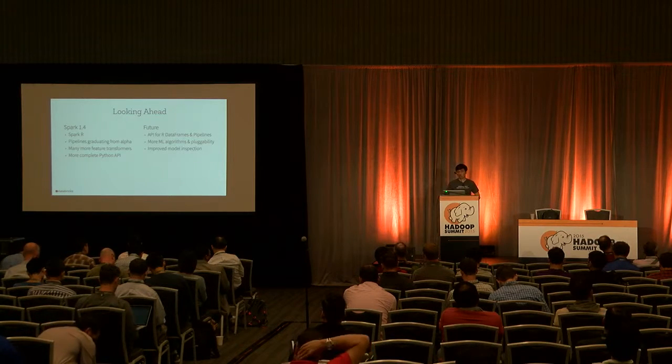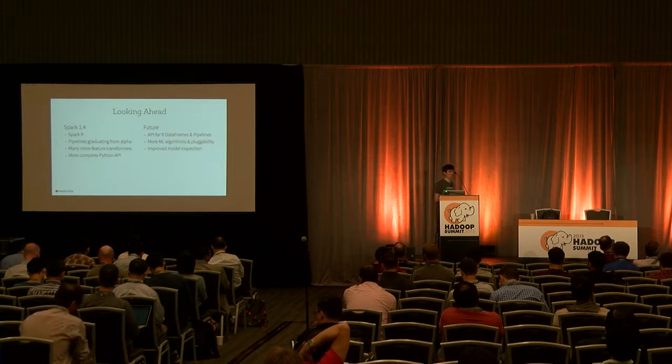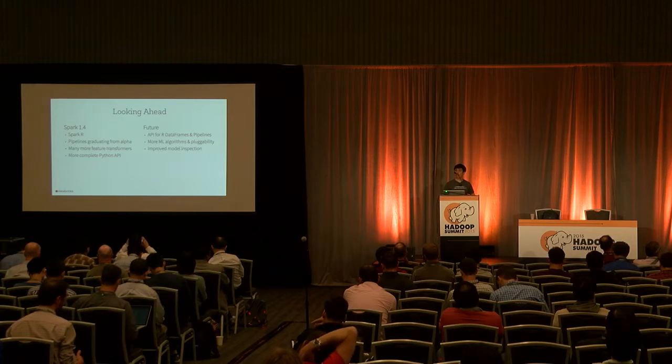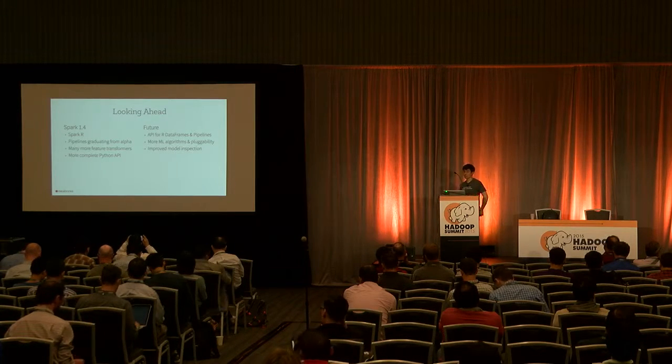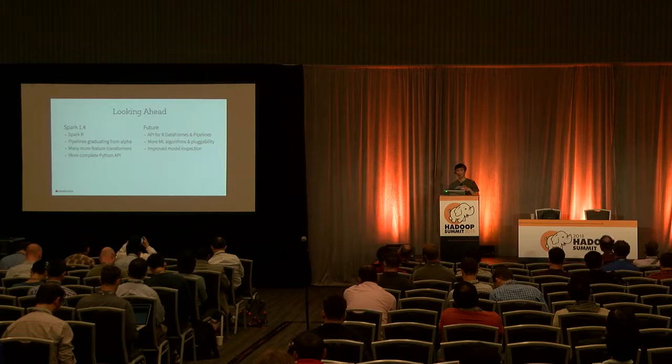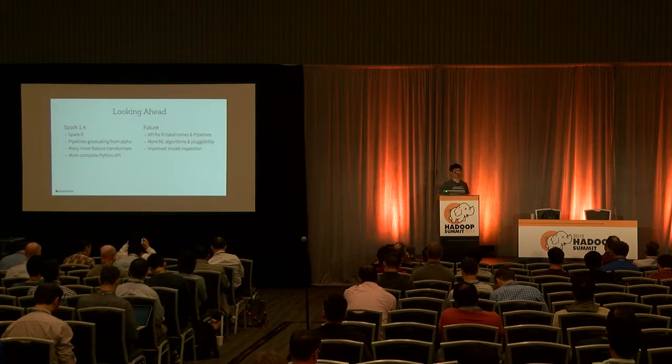So in the future, some of the things which we'd like to add are an API for R data frames and pipelines, more ML algorithms and pluggability. So pipelines are essentially a higher level view of the traditional MLlib algorithms. There are, however, some algorithms, such as clustering, which are not yet in the pipelines API, but those should be added soon.